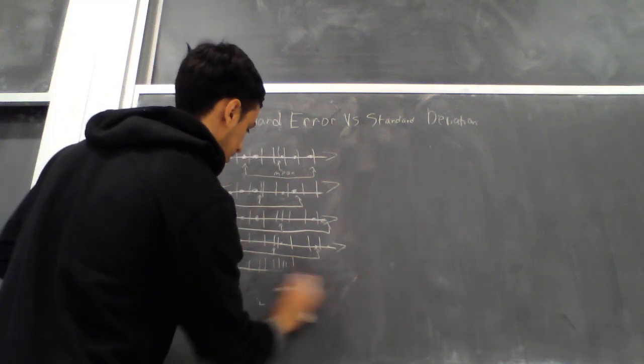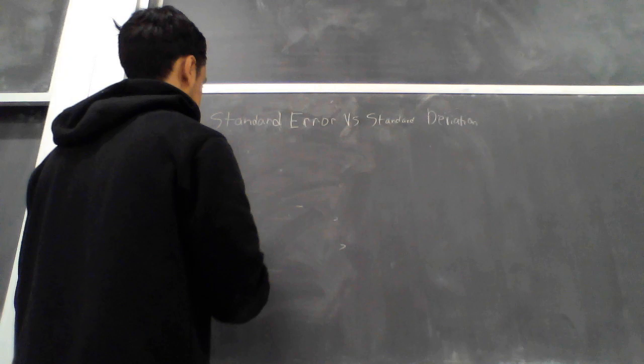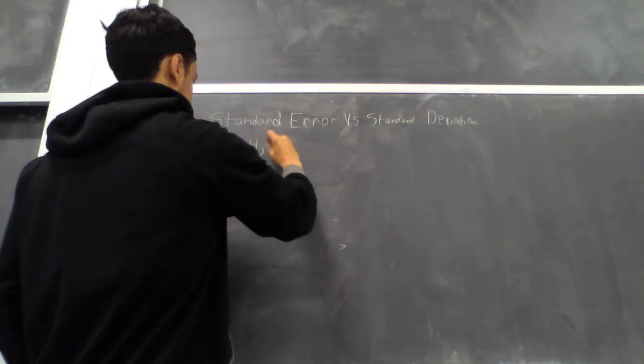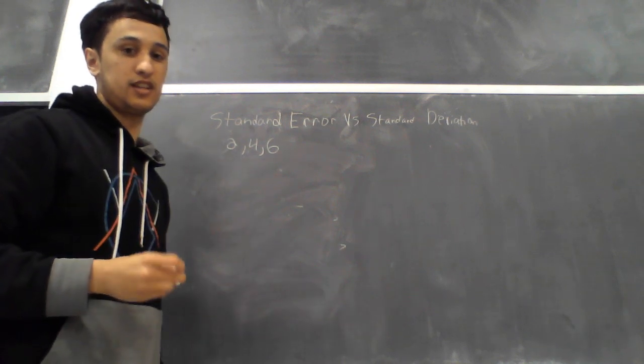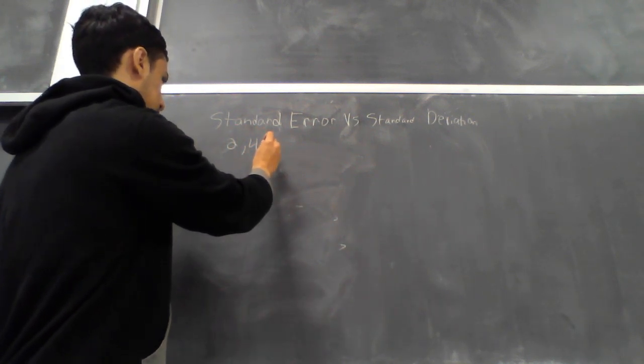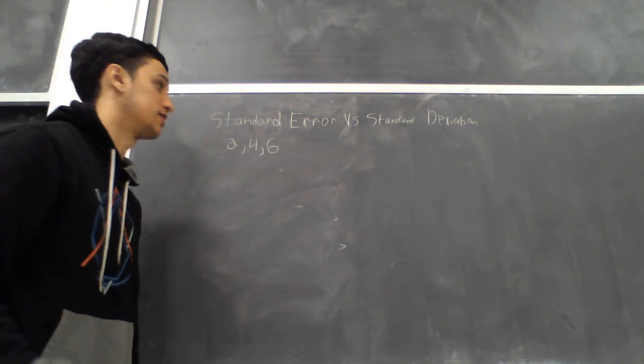Here's an example of that. So let's say we have 2, 4, and 6, and that's our population. Let's say it's a small island of 3 people, and this guy likes 2 drinks a day, this guy likes 4 drinks a day, and this girl likes 6 drinks a day because she's retired and she can have fun.